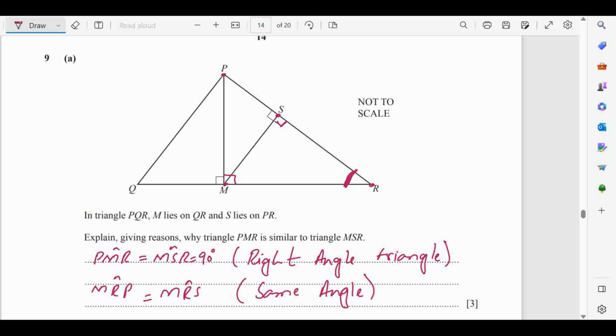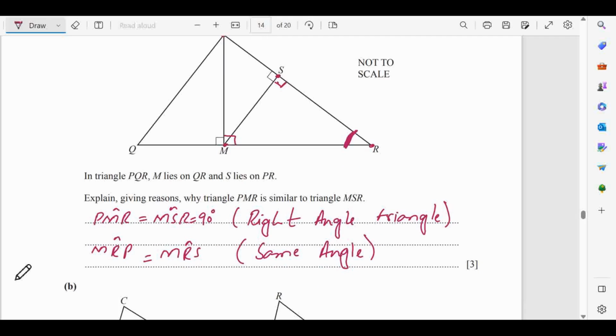This will be the second reason. Now as we can see, let's see the third reason, that we have discussed these two angles. So it means that angle PMR will be equals to the angle MPR.